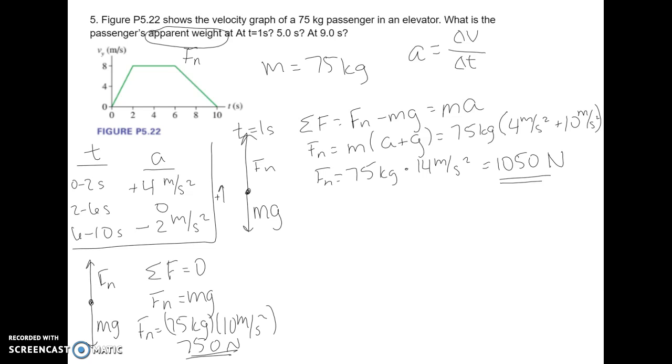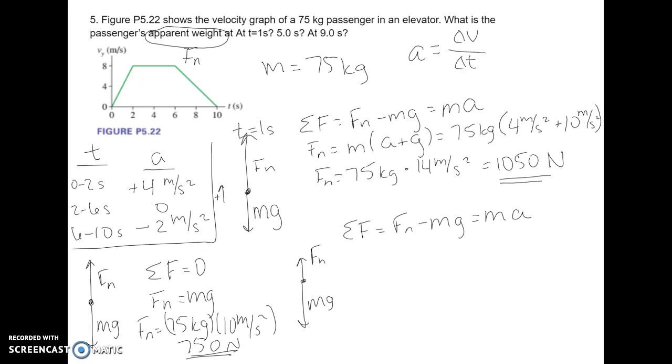And then finally, at 9 seconds, that's in the region where we're accelerating negatively at negative 2 meters per second squared. So if I draw my free body diagram for that situation, now my weight, mg, has to be larger than my normal force, because we're accelerating downwards. Now if I sum my forces, we have, again, a positive normal force and a negative weight equal to mass times acceleration.